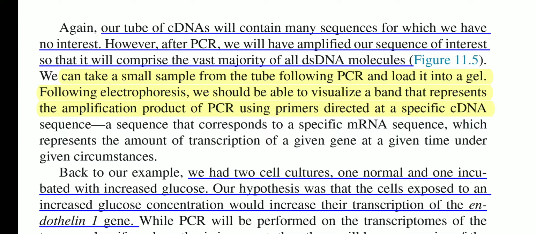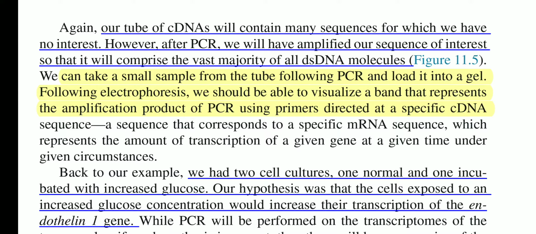These cells contain the mRNA that we have to isolate, and then we undergo this process. But how will we isolate that particular endothelin 1 gene mRNA? That's not possible. So we have to take all the mRNA which is produced and reverse transcribe all of it to make complementary DNA.